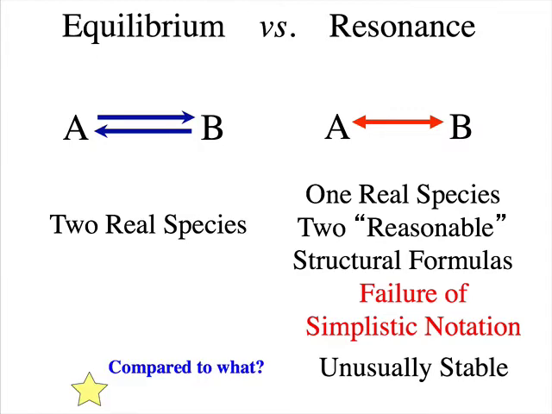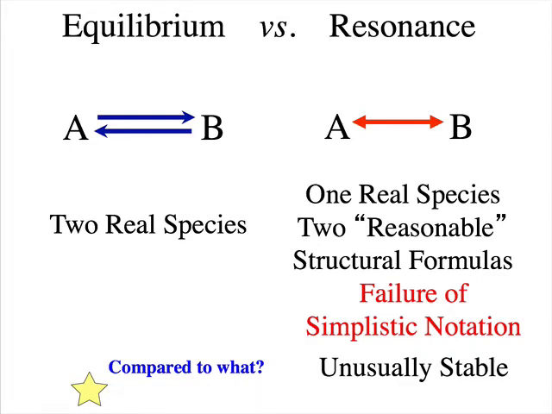Okay. Now, this is a gold star moment here. Anytime we say something is stable or happy, or maybe something is unstable or reactive or unhappy, you always want to think, compared to what? If I say a molecule is stable, well, what does stable mean? All that it means is that it's more stable than something else. So what are we comparing the molecule to?